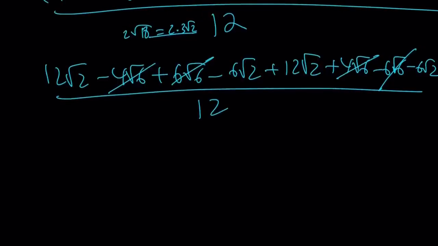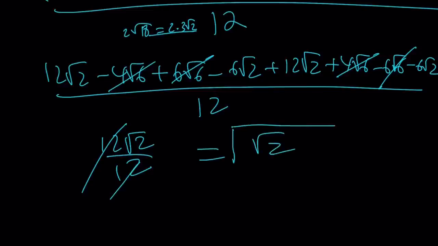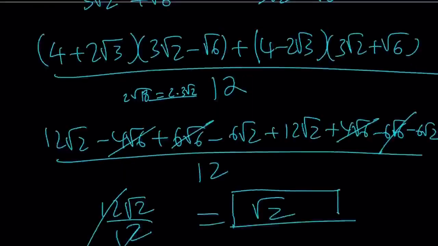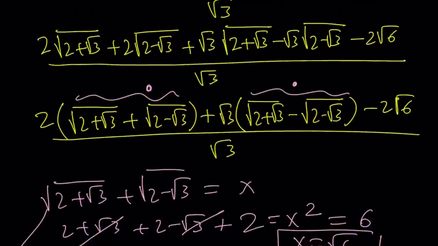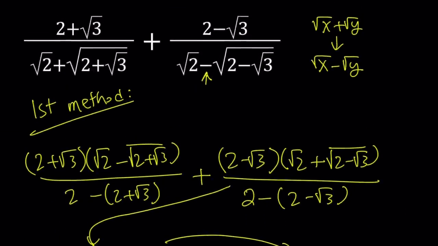That's going to make 6 root 2, right? So it's kind of weird, right? We can basically write this as 24 minus 12, which is 12 root 2, divided by 12, and that gives us the same answer, square root of 2. So that complicated expression turns out to be just square root of 2. So it's just another way of writing square root of 2.